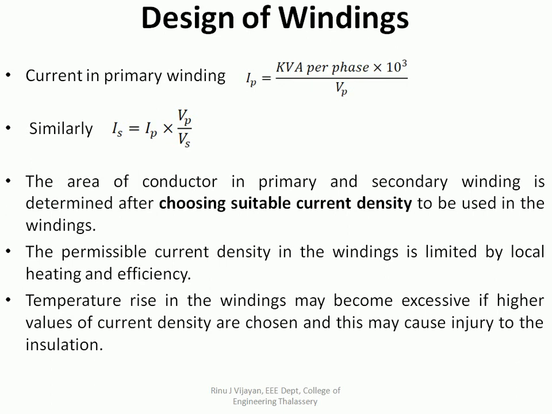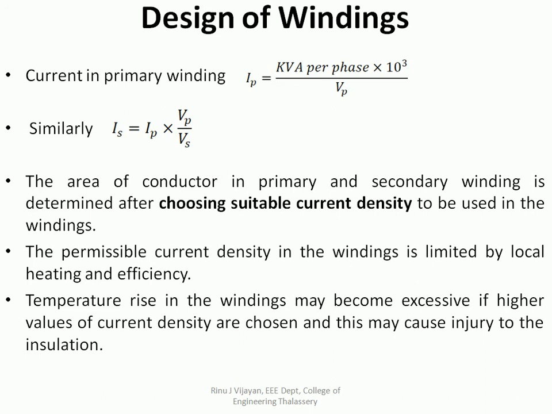Once after identifying the values of primary current and secondary current, we have to choose a suitable value for current density in order to find the correct area of conductors in both primary and secondary windings. As you all know, the standard relation for current density is current per unit area. So if you are choosing a very large value of current density, that means a large amount of current will be flowing through a very small cross-sectional area.